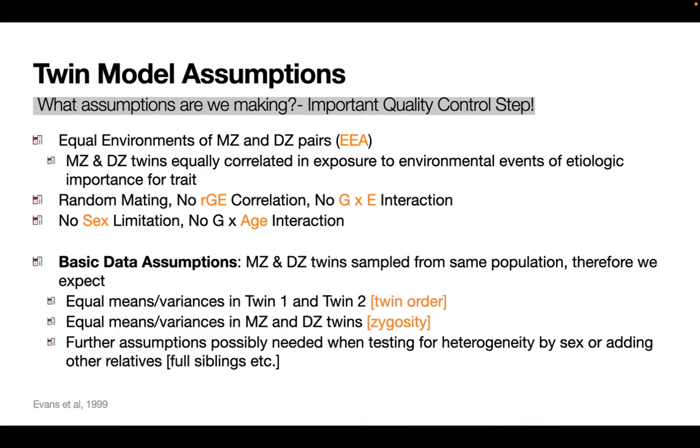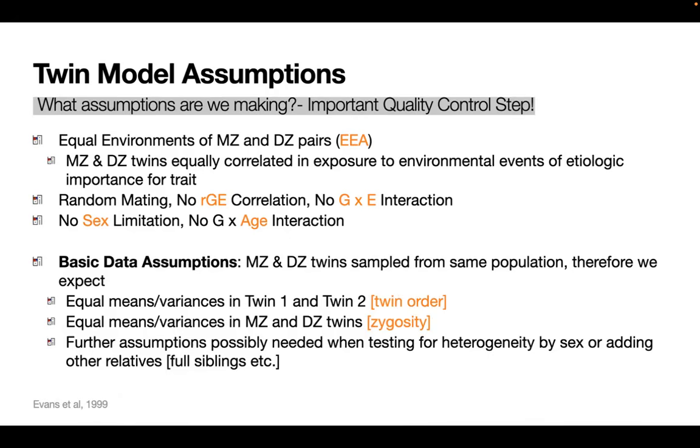We want to focus here specifically on the basic data assumptions that we make when we fit models to twin data. And we assume that the MZ and DZ twins are sampled from the same population.